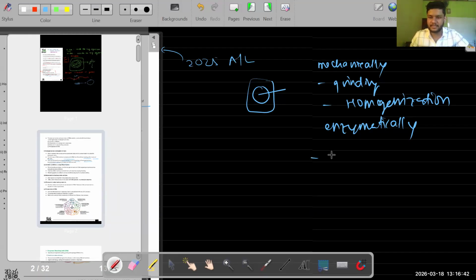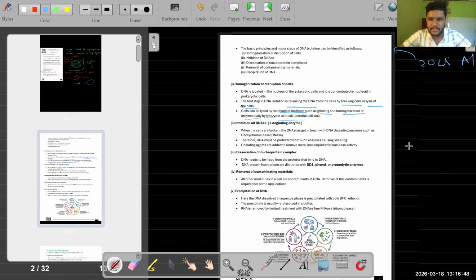Enzymatically, we can introduce an enzyme called lysozyme. Can you remember lysozyme? Is this the first time you're coming across it? No. Where have you come across this lysozyme? In immunity.